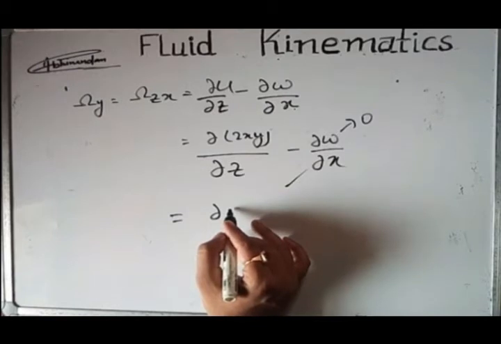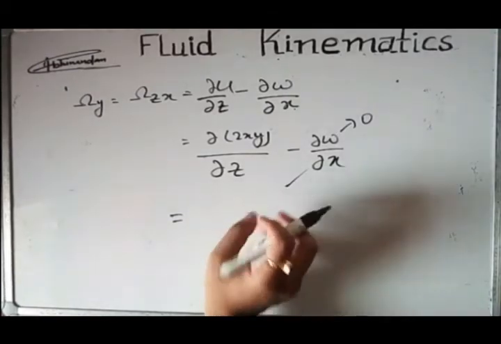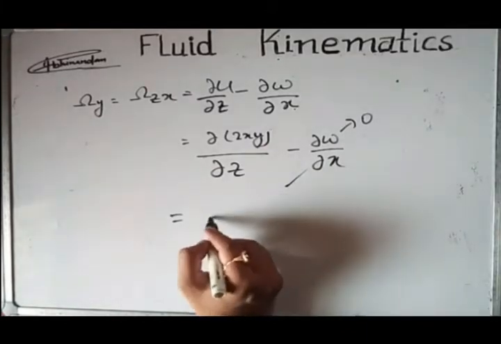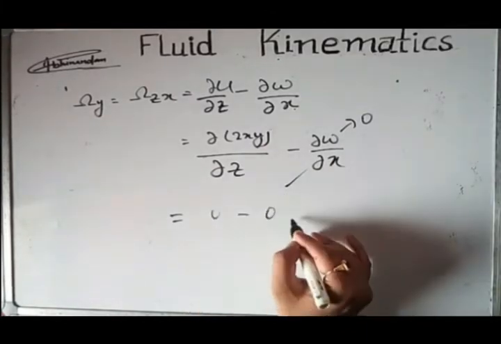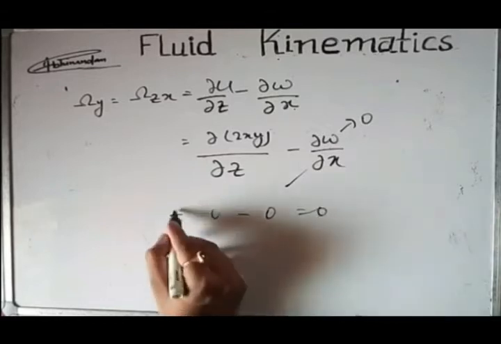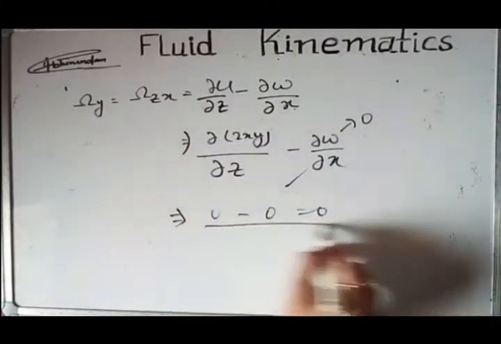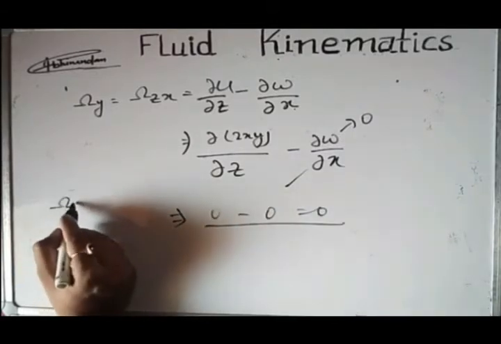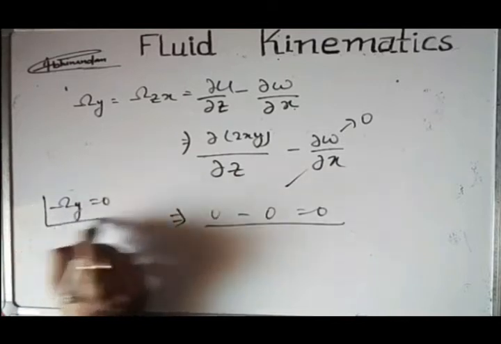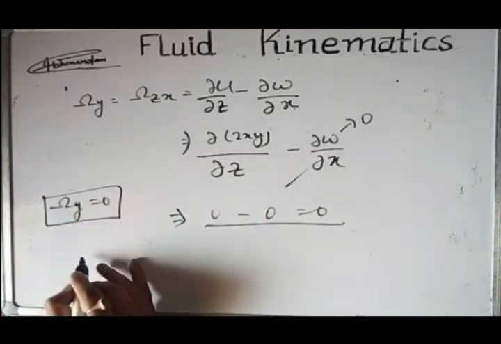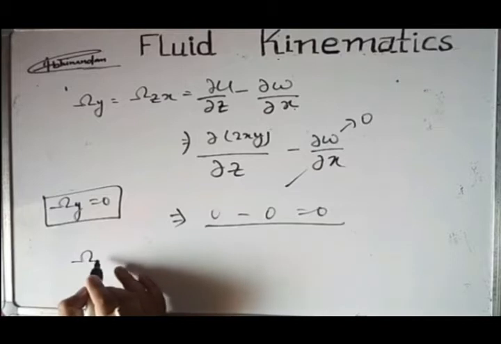Now there is no component in z in the numerator, so this term will be 0 too. So we have omega y equal to 0.